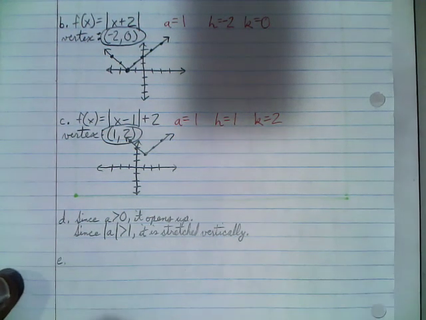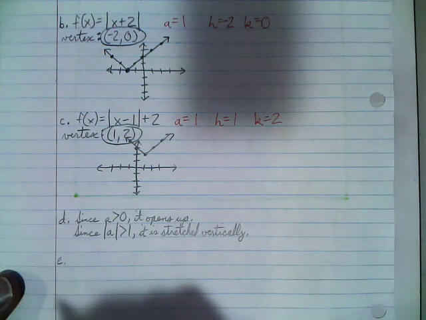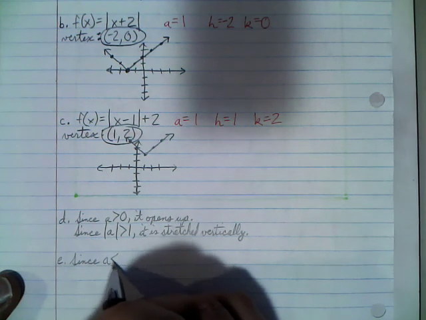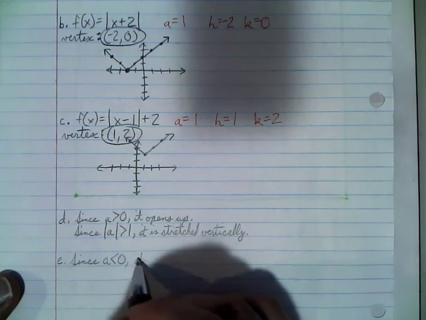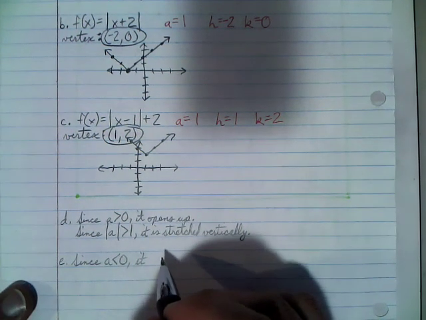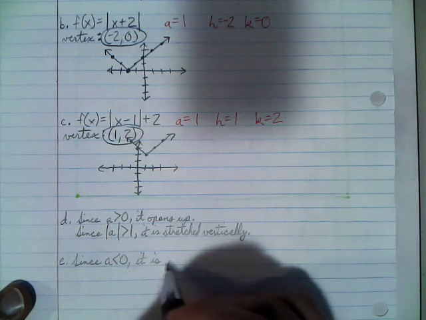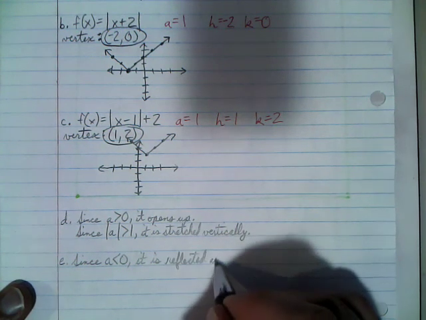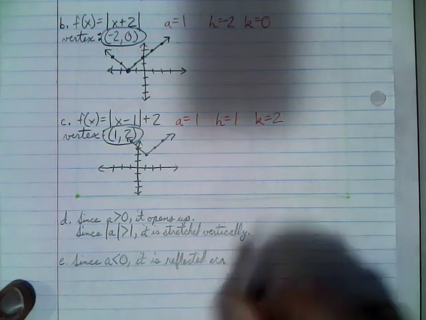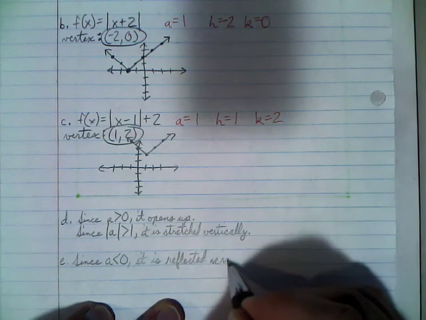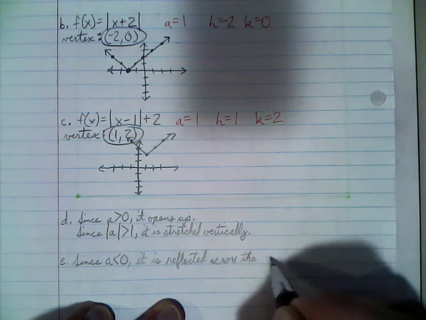E, well, a there is a negative 2, so since a is less than 0, we can say it opens down, or another way to express that is it is reflected across the x-axis.